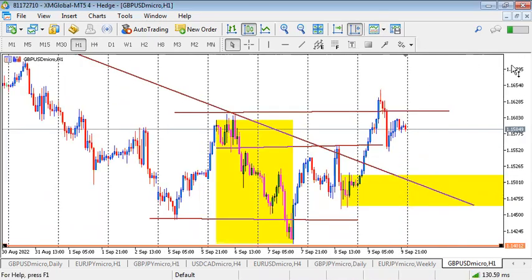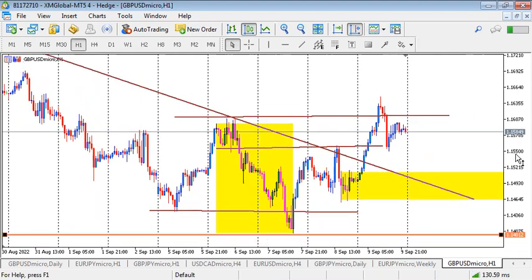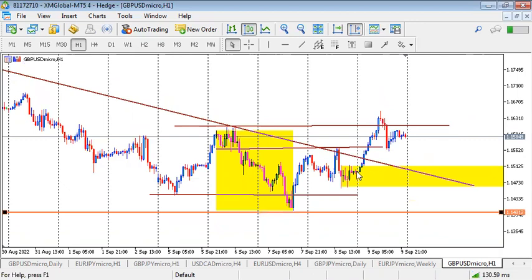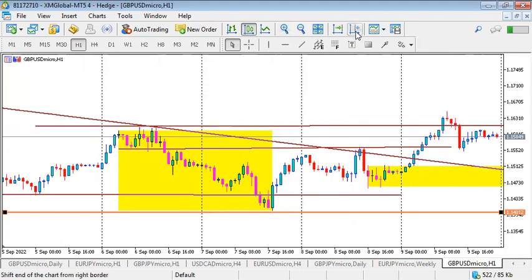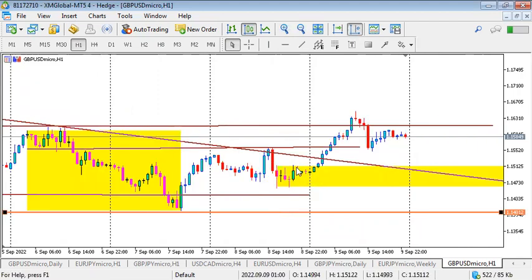On the 1 hour, we have more candlesticks than on the 4 hour. So if we zoom in, you can easily see that within this cluster of candles, this push upward broke this high and this high.